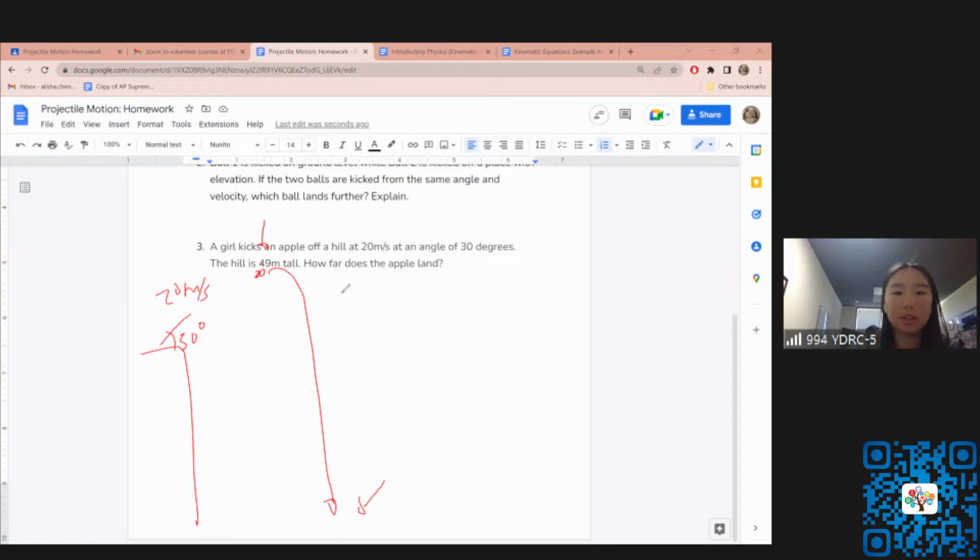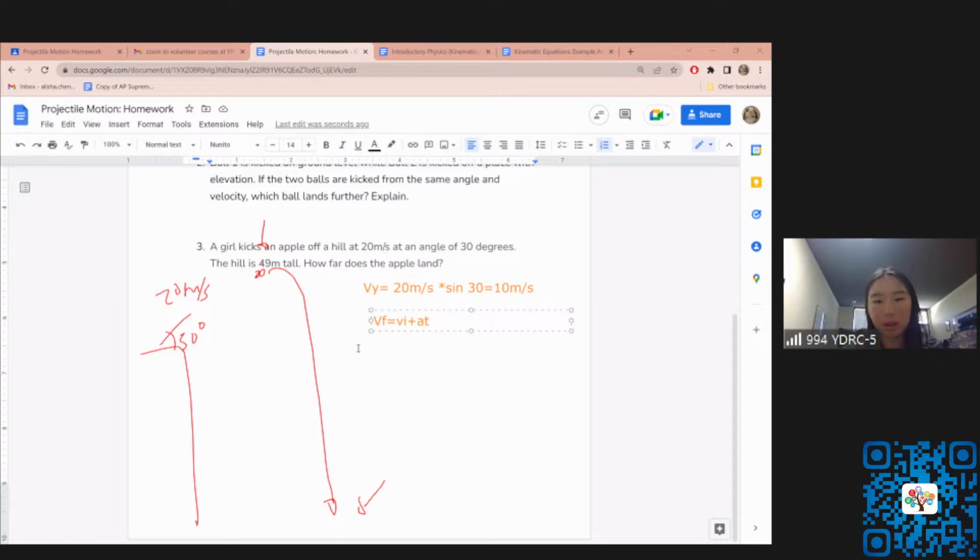So first off, we find Vy, the vertical velocity. Vy equals 20 meters per second times sin 30, which is 10 meters per second. Then we want to find how much time that takes using this equation.